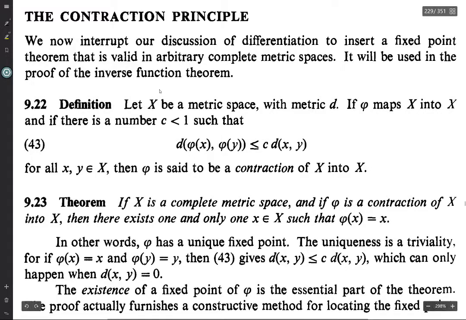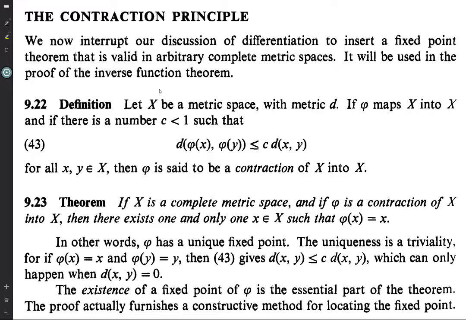So if we have a metric space X and a metric d, and a function phi, which is a map from X into X, and if there is some number c less than 1 such that for any x and y in our space, the distance between phi(x) and phi(y) is less than or equal to this constant c times the distance between x and y.